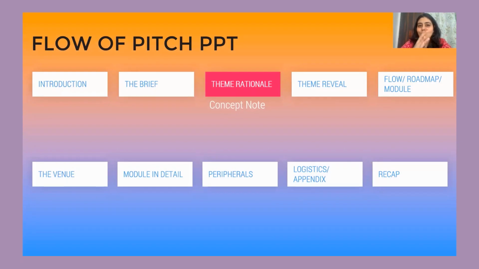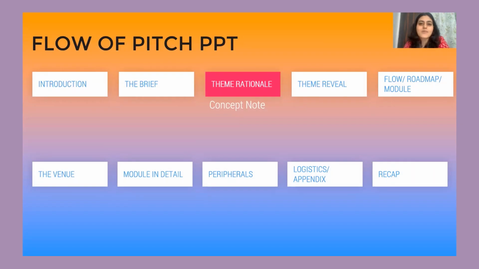Let's get into it. Once you've told them the brief, you get into, okay, now we want to talk about the theme of what we're presenting to you for the event. In order to get to the theme, it's always preferable to have a concept note to go with it. A lot of people just put the concept note on one slide, but I have always felt that if you're making slides with just words, the impact is very minimal.